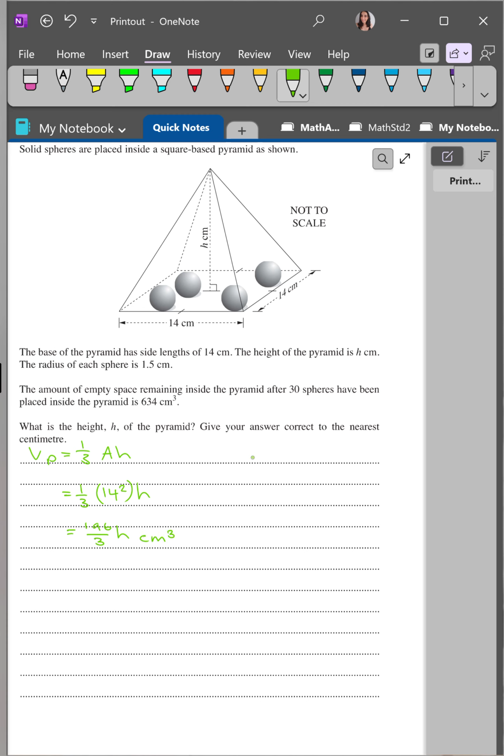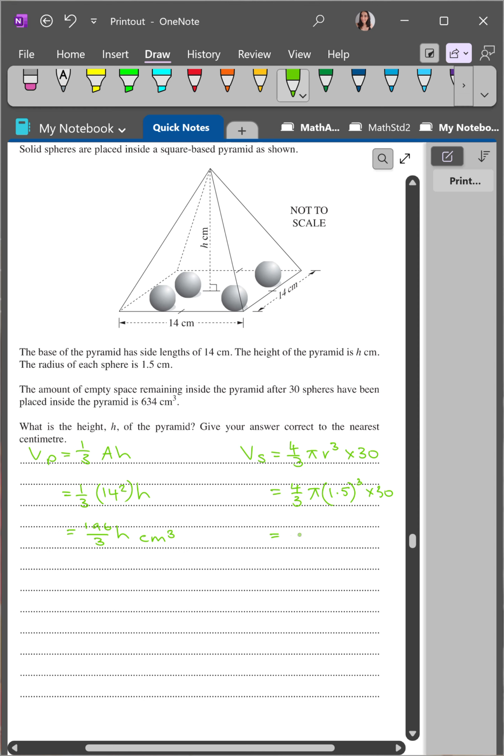It's a volume. Now, let's look at the volume of the spheres. The volume of one sphere, if you look in your formula sheet, is 4/3 pi r cubed. Now, if we want 30, we just multiply this by 30. If we simplify this and sub in our numbers, it's 4/3 pi, and our radius is 1.5 centimeters for each sphere, so 1.5 cubed times 30.